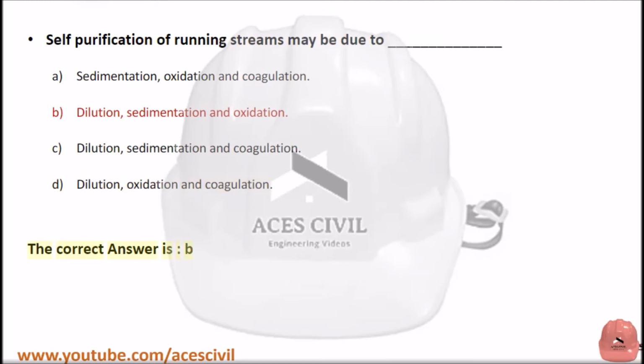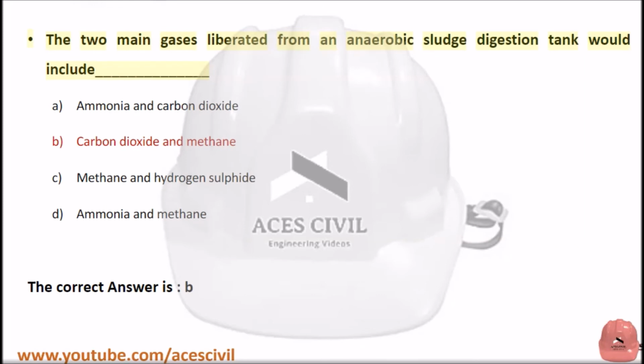The correct answer is B. The two main gases liberated from an anaerobic sludge digestion tank would include A. Ammonia and carbon dioxide. B. Carbon dioxide and methane. C. Methane and hydrogen sulfide. D. Ammonia and methane. The correct answer is B.